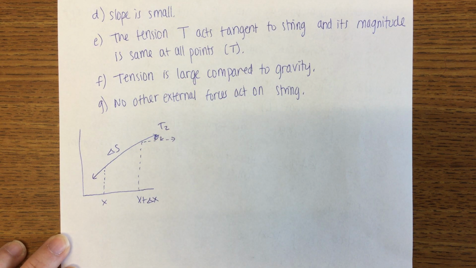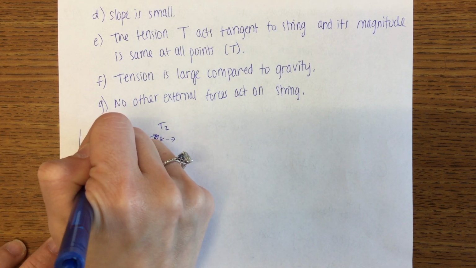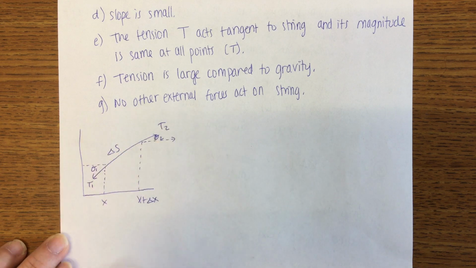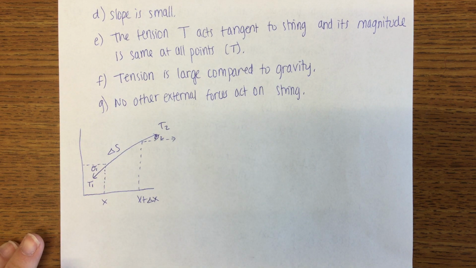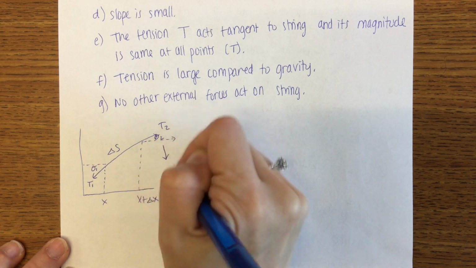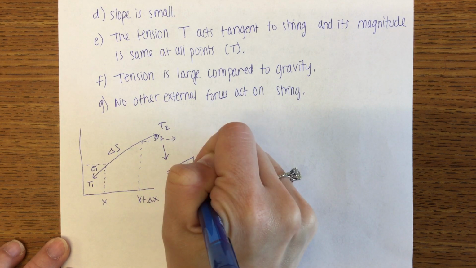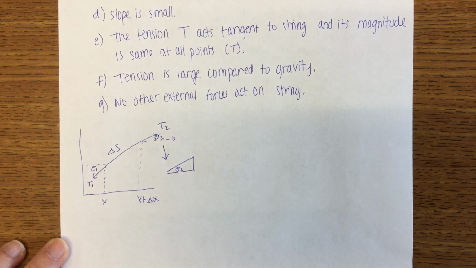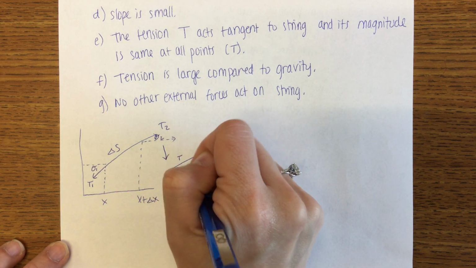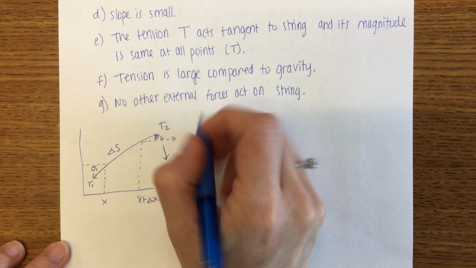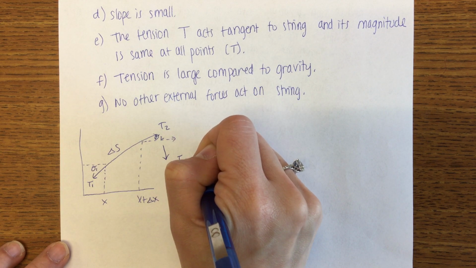Here we're going to call this tension 1. And again, we're going to need that angle there. So this little portion here, we're going to treat like a little triangle. Call this tension T, because we said that that's the magnitude of the tension. Let's call this side F maybe.